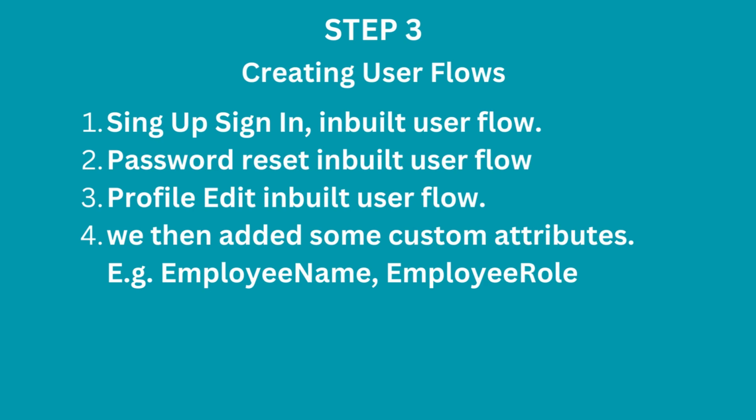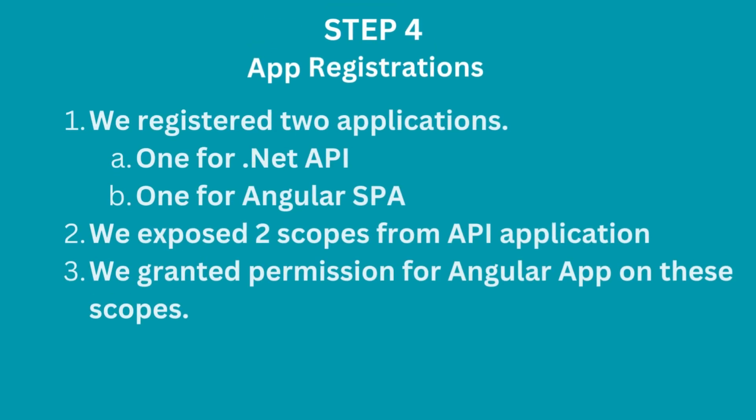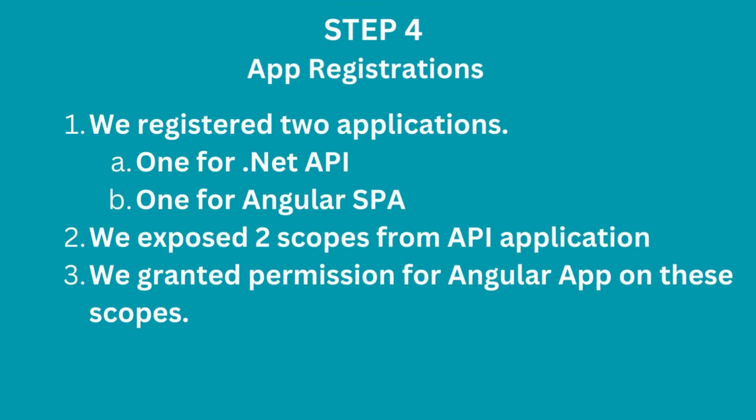Once we did that, we went ahead and created 2 app registrations. One is for the Angular SPA application, the other one is for the .NET Core 7 Web API application. It doesn't matter what technology it is, but basically 2 application registrations. Both had their own client ID and tenant ID. And then in the API, we exposed two scopes, booking.read and booking.write.